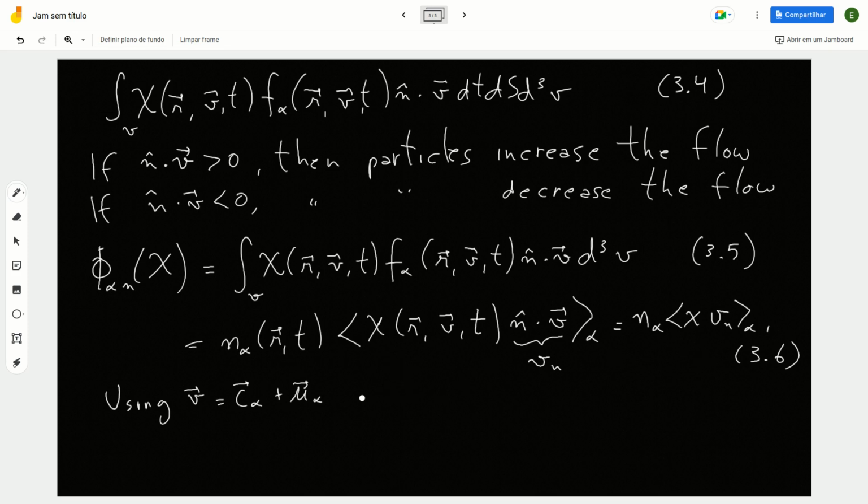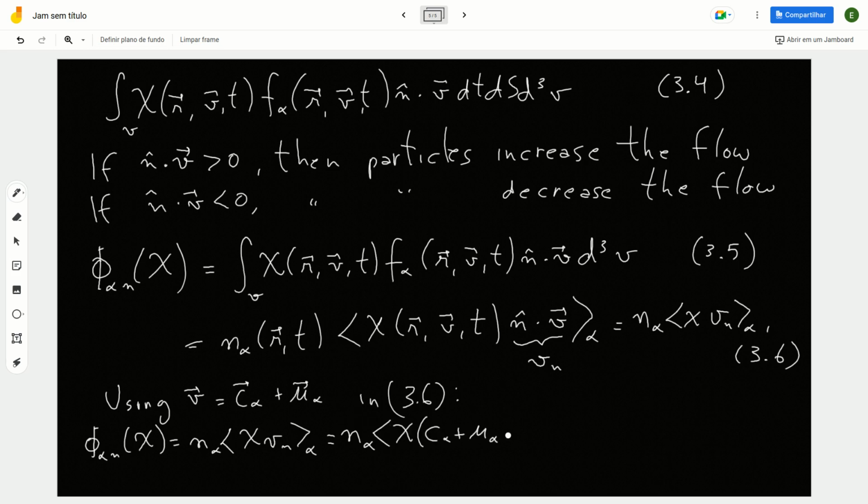Using this in 3.6, then we have n alpha chi Vn alpha, which, in place of V, I have two quantities now, chi times C alpha plus U alpha.